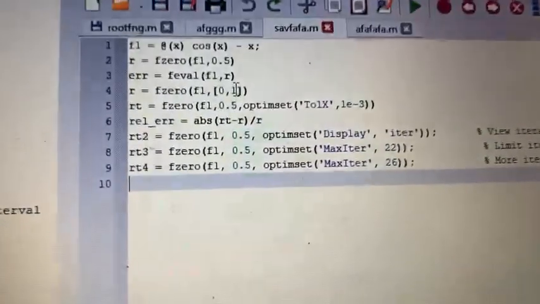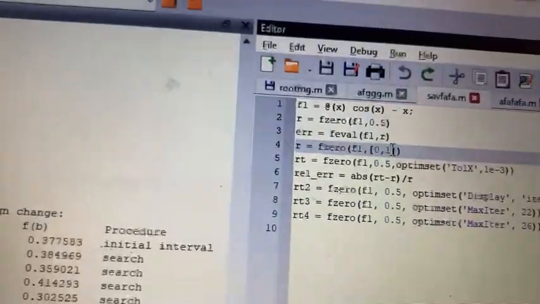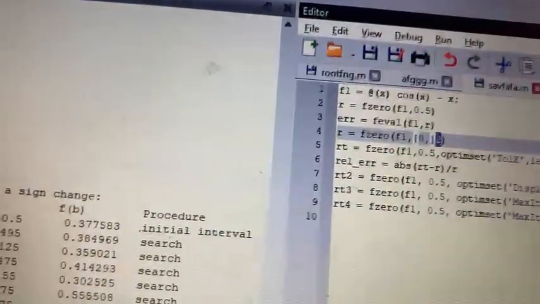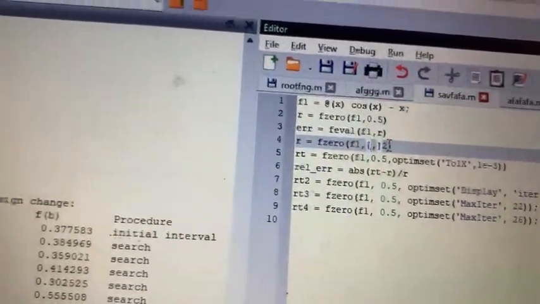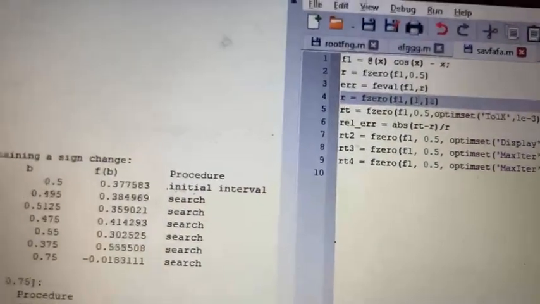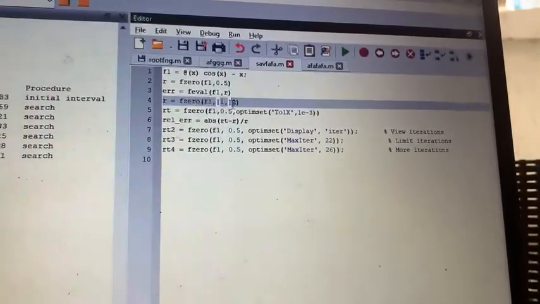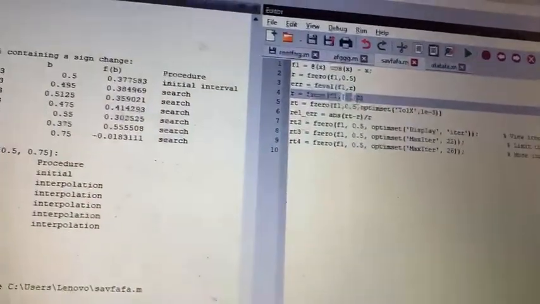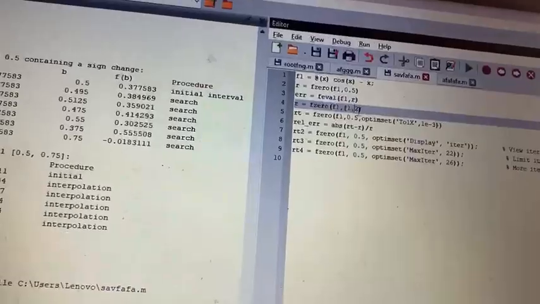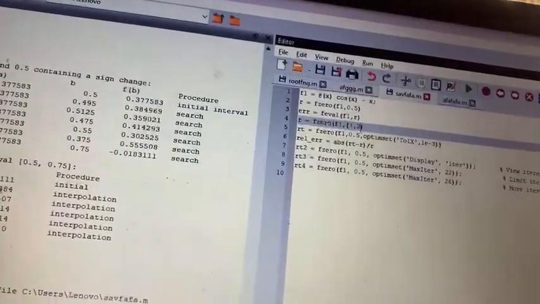When I use the interval 1 and 2, it gives us the result of error. Why does it become an error? Because the signs at these two interval ends are the same, which is not applicable.